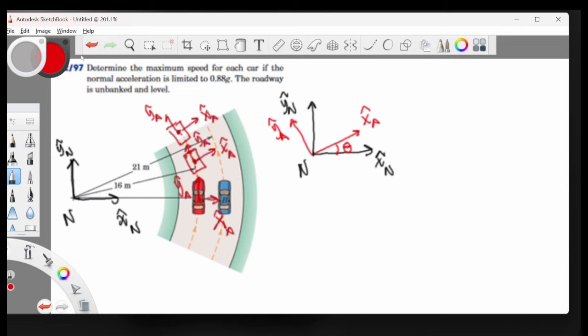Thus we can write a vector that goes from the origin of the system in the center of the track to the current position of the car, and we can describe that vector RA as a scalar distance of 16 meters, which I will write RA scalar, in the direction of vector xA.